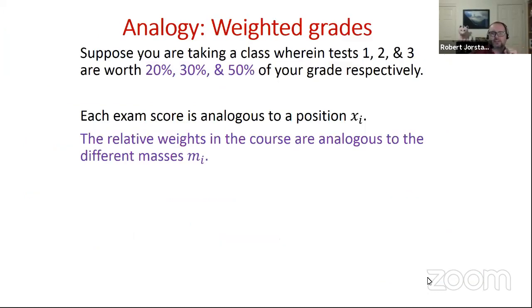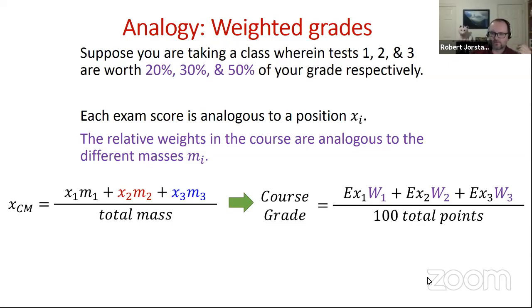The analogy is a class where different exams are worth different amounts, weighted grades. Each exam score is analogous to the position. So test score 1 would be like x1, and the relative weights in the course are analogous to the different masses. If you see that in equation form, let me get this out of the way. Sorry about that.